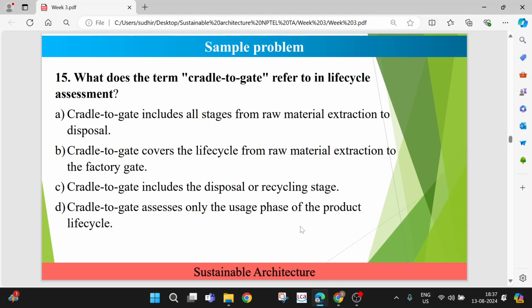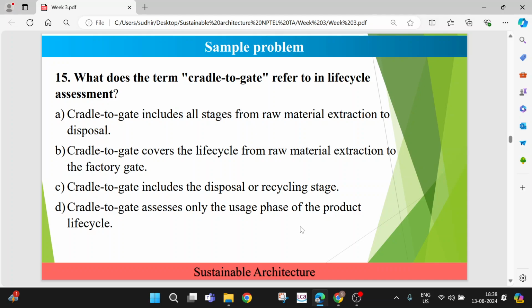Yes, sir. Okay. So has someone of you ever done this life cycle assessment in your undergraduate or postgraduate studies, or in school somewhere? No, sir. Okay.